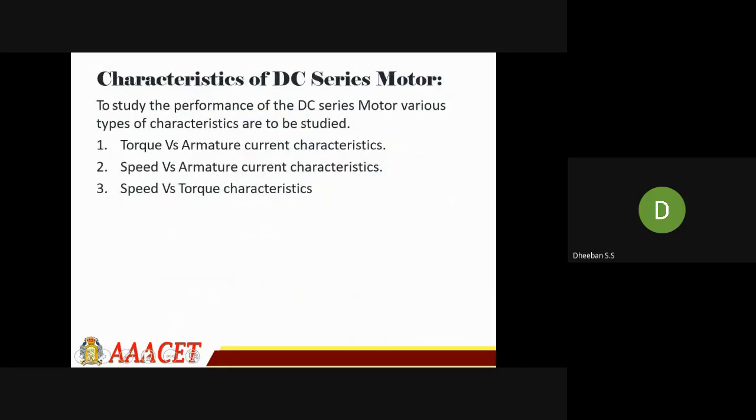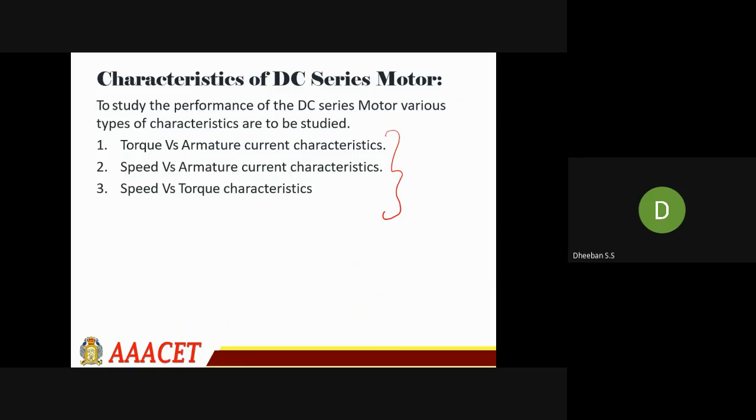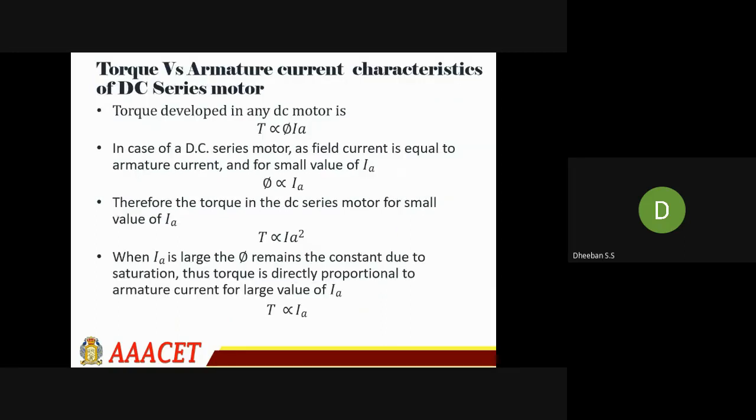So next we'll be seeing about the characteristics. As I said, the characteristics will be given by these three main graphs. Now your T will be directly proportional to phi into IA, and phi will be directly proportional to IA. This you have seen in your torque equation. So what happens is that when IA is large, phi remains constant due to saturation.